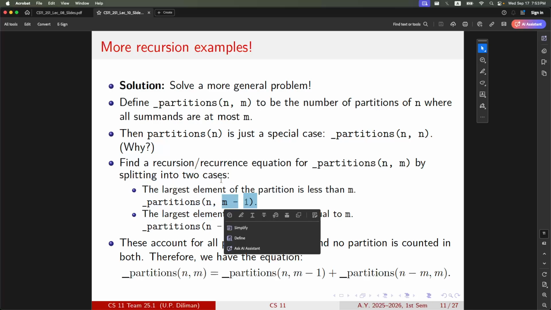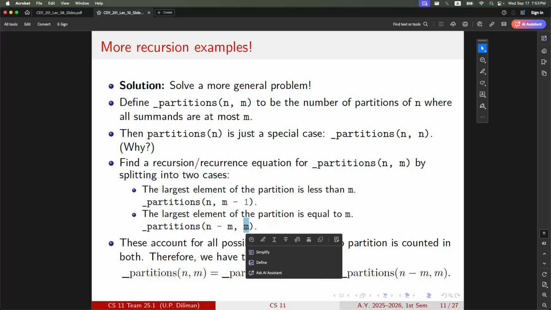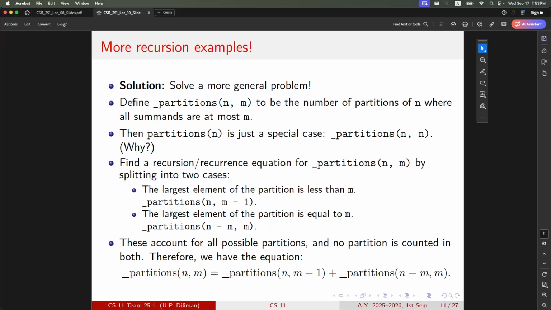The summands are at most m minus 1. And here, the largest element of the partition is equal to m, so we are counting the number of partitions for n minus m, because we already use m in this partition. Okay, so these two, when combined, account for all possible partitions.